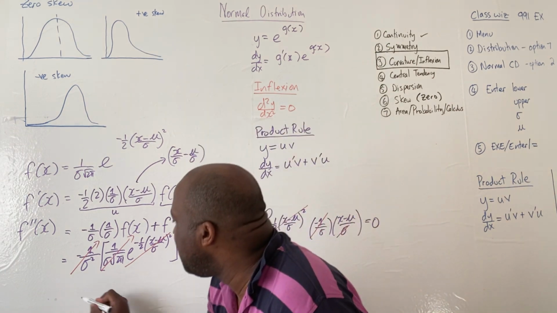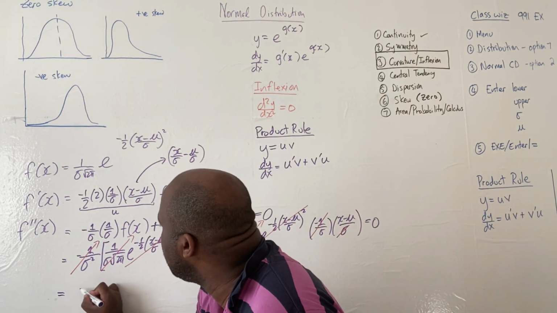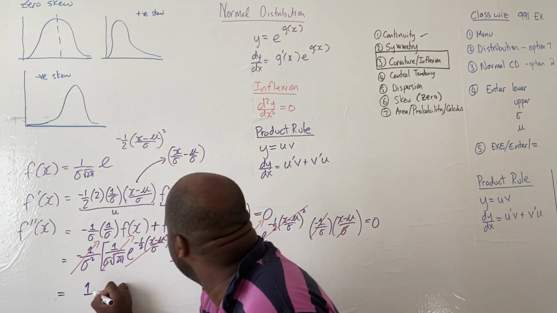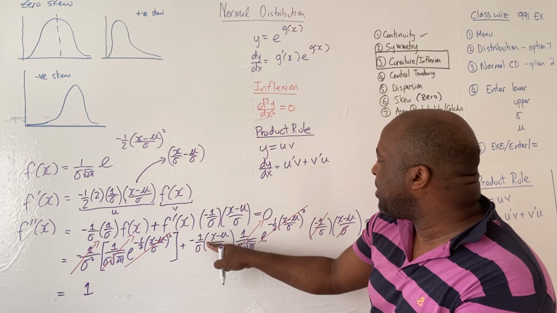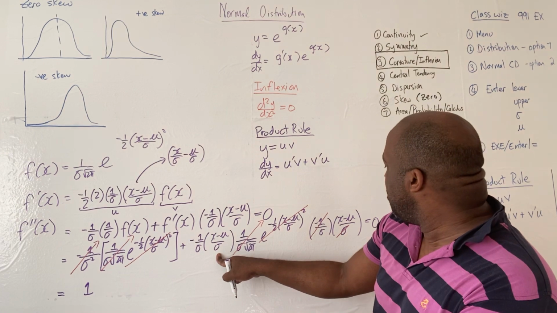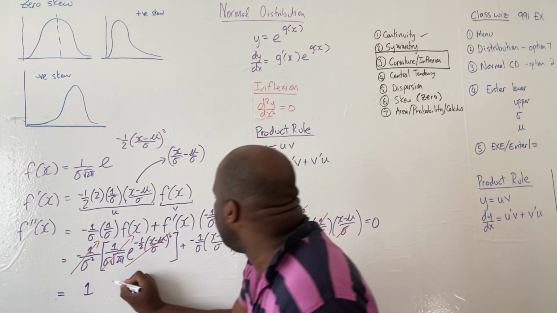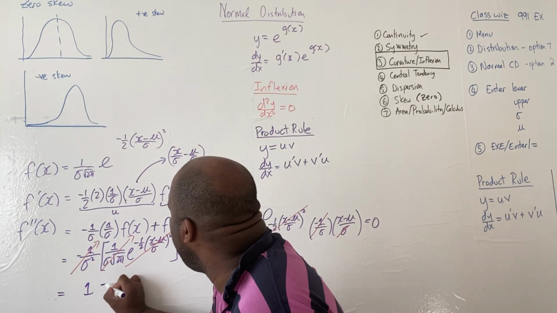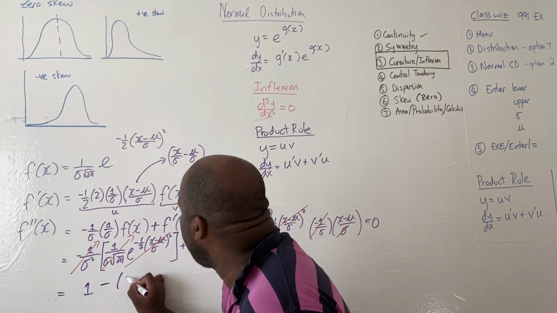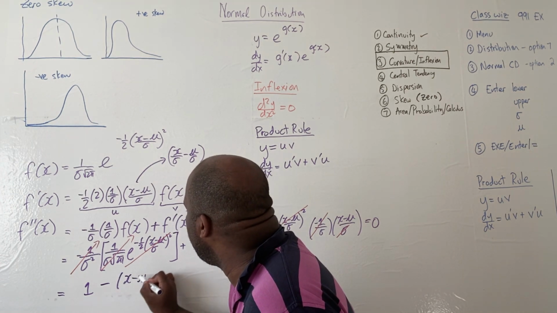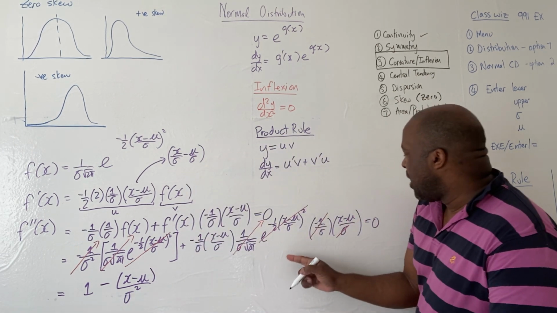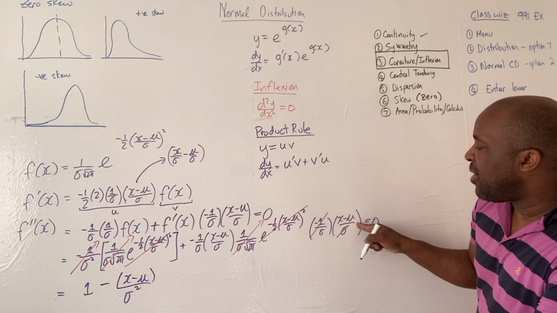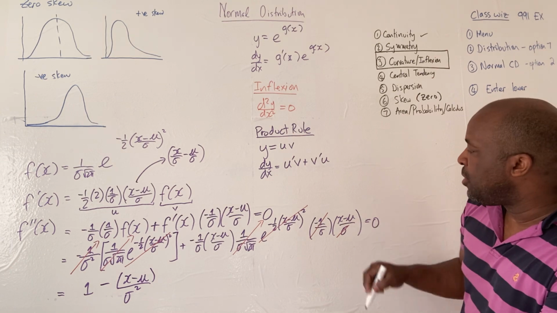So we have this is equal to 1, then minus 1 over sigma times x minus mu over sigma. So 1 minus x minus mu over sigma square, and then we also have an x minus mu here.